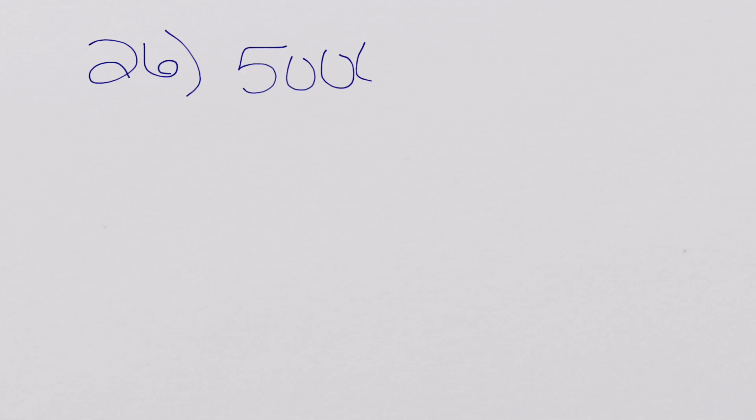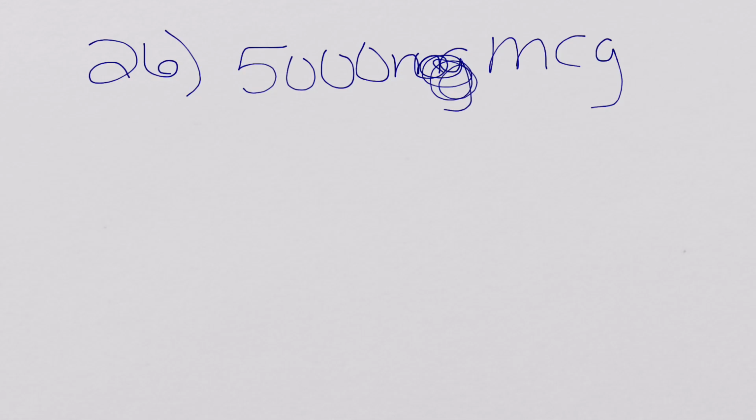But for this, I can do number 26, moving the decimal. It's just giving you 5,000 micrograms. Oh, I'm sorry. Micrograms. I want you to change it to milligrams. So milligrams are bigger than micrograms.